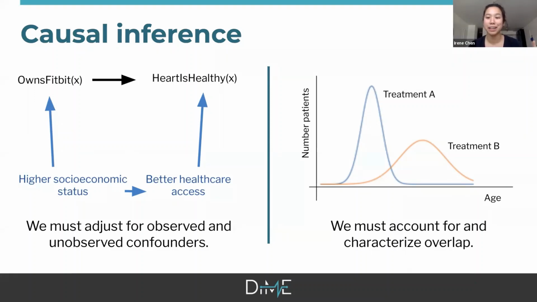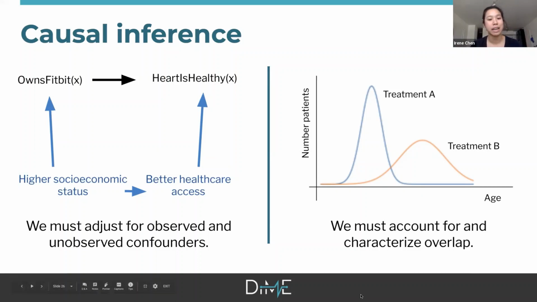Causal inference from observational data, where you don't get to run the randomized control trial, is an open academic question right now. So we have to adjust for observed and unobserved confounders. The other major question in causal inference is whether or not there's overlap between the two patient populations. If we're trying to compare 2 treatments, we want to make sure that the populations who receive each treatment have some sort of overlap.